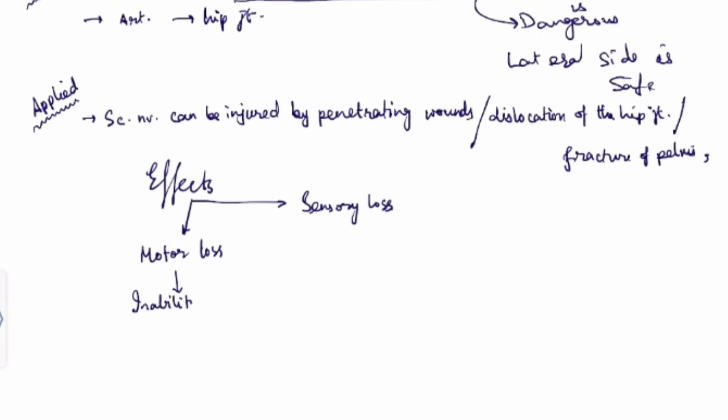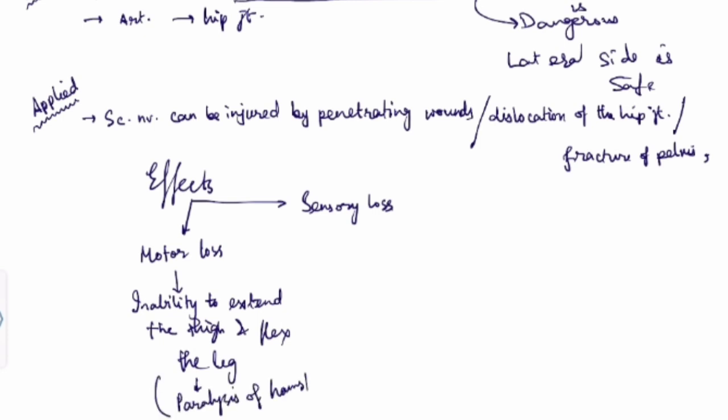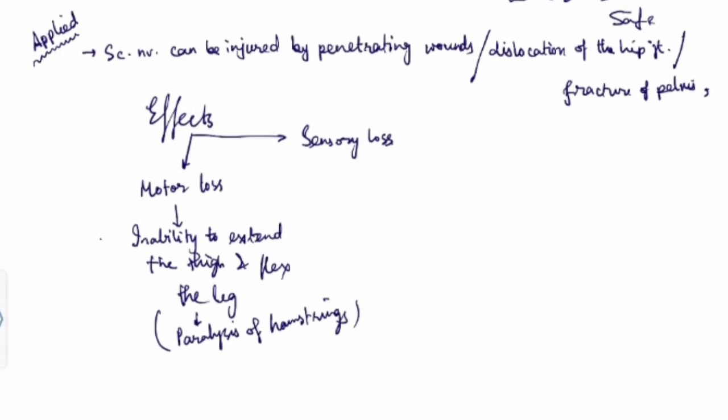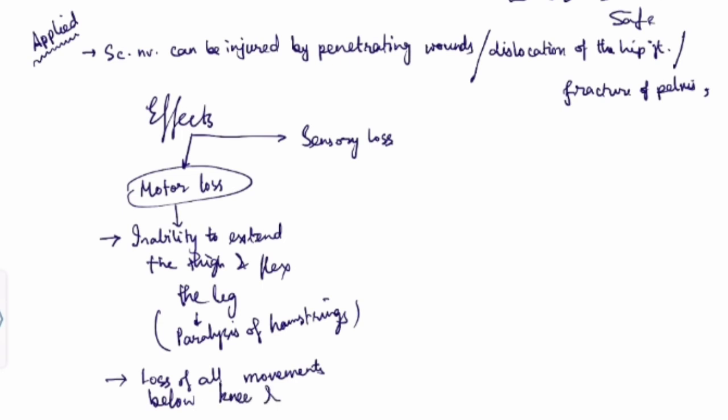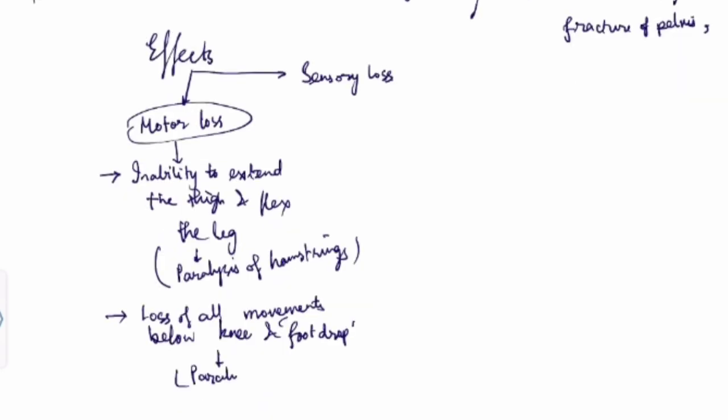In motor loss, first, inability to extend the thigh and flex the leg due to paralysis of the hamstring muscles. Second, loss of all movements below the knee and foot drop due to paralysis of all muscles of the leg and foot.